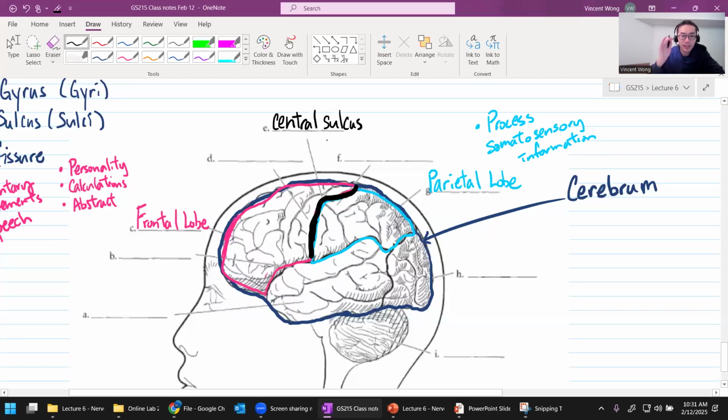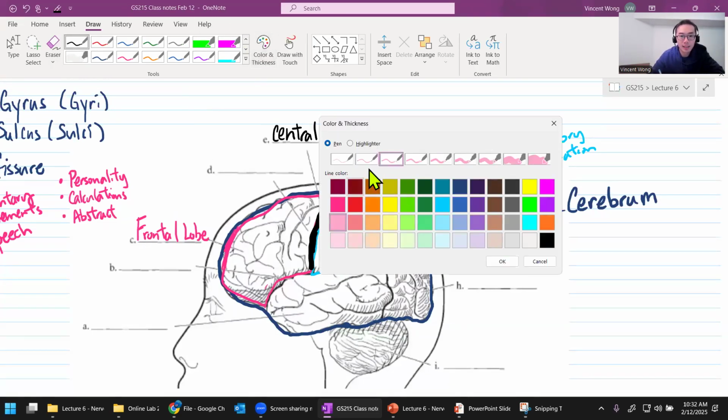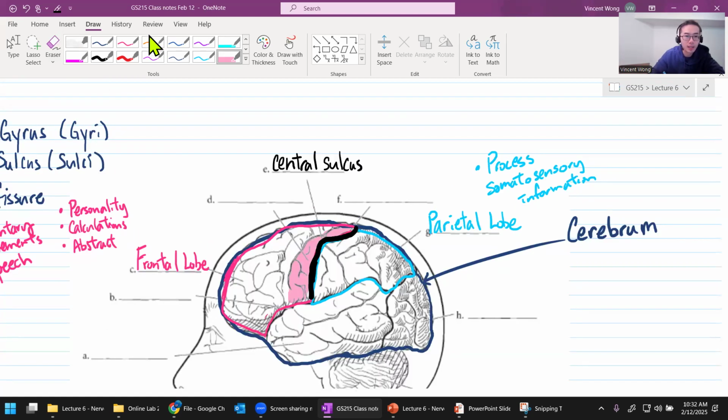Now, this next part is a little bit confusing. In front of the central sulcus, the whole region is the frontal lobe, but there is a special gyrus here. Okay. So let me just write out for you first.